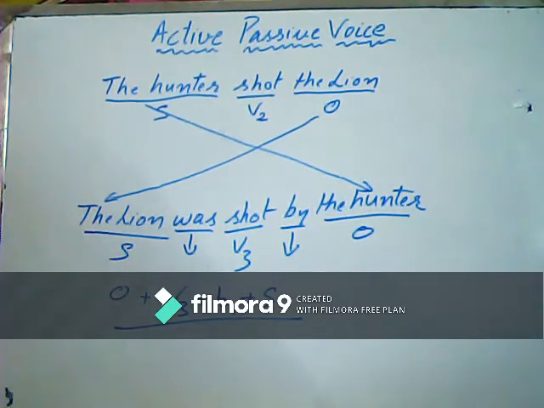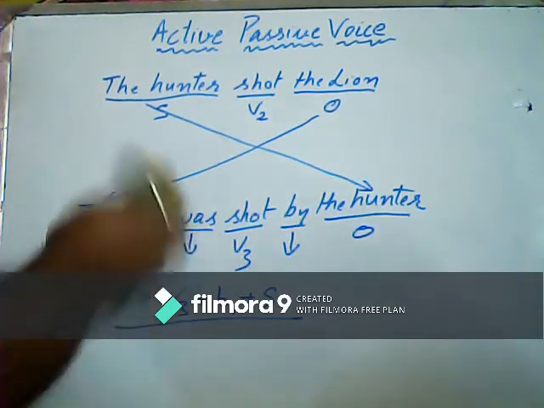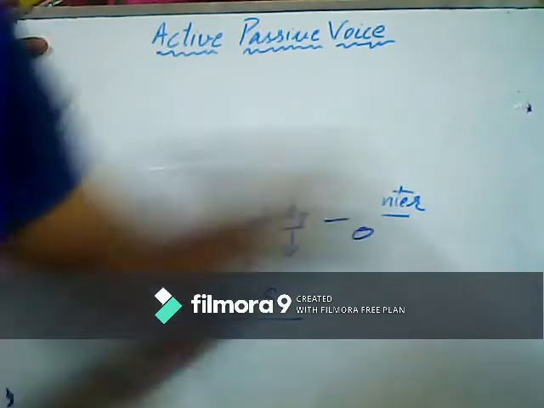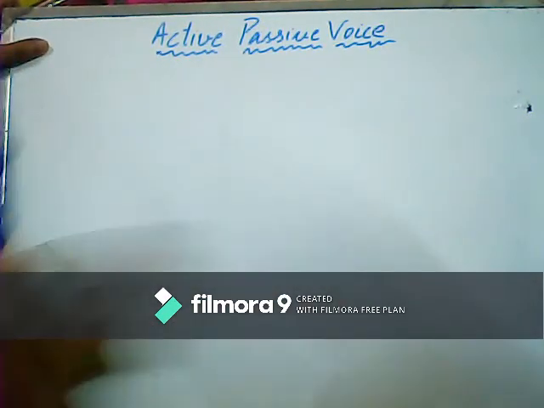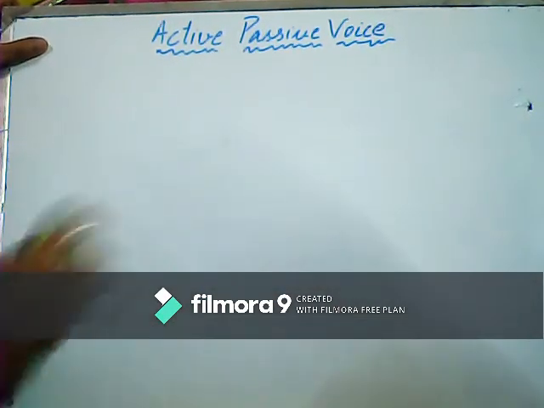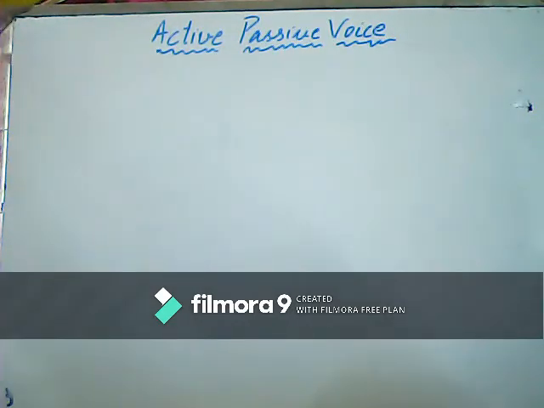Now what are the basic rules we have to take care of to change the active voice into passive voice? See, I am writing a table over here. It will make everything easy for you. Now we have to see the sentences. Suppose the sentence is in simple tense.